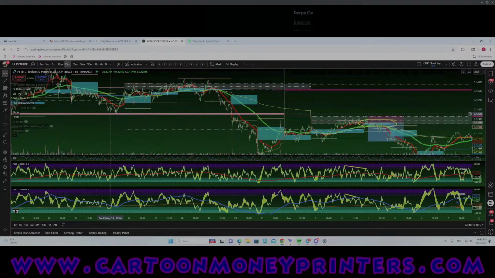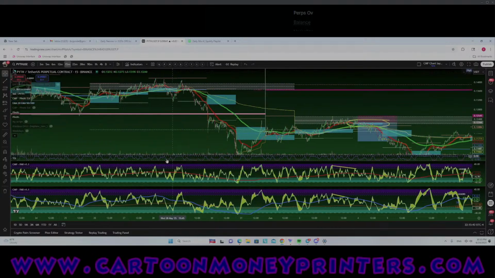Okay. No touch, no touch. Here we go. Stack. Price came up into it. And the question is, would I take it here or here, right? It's not the cleanest.